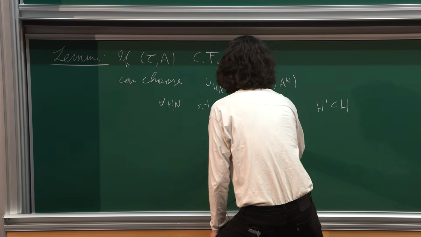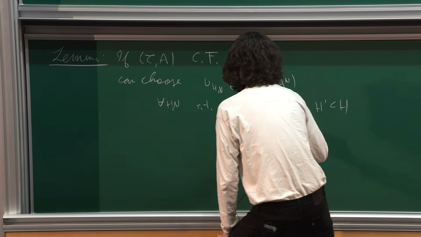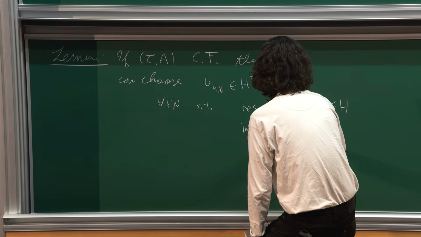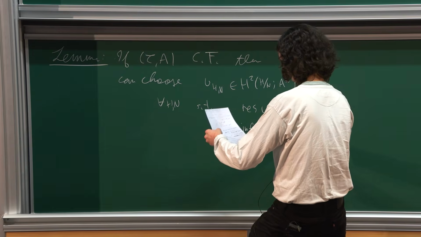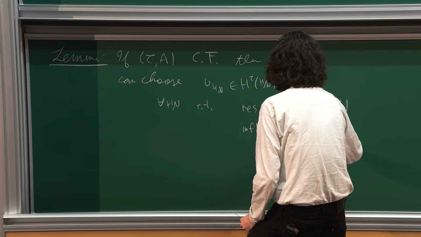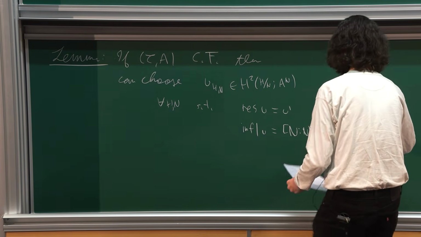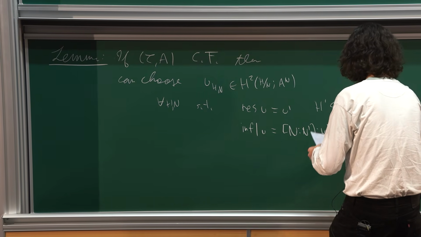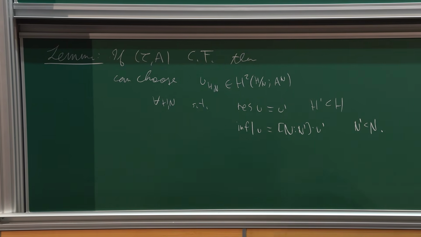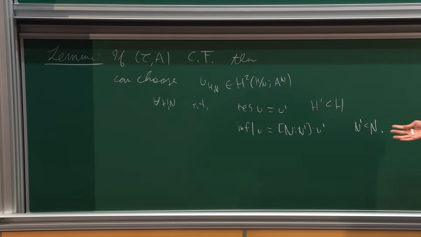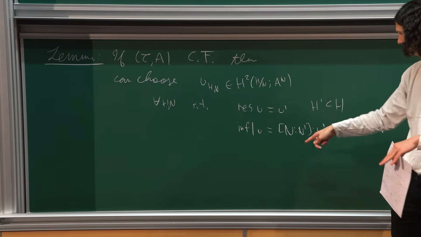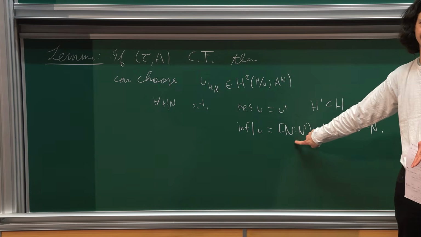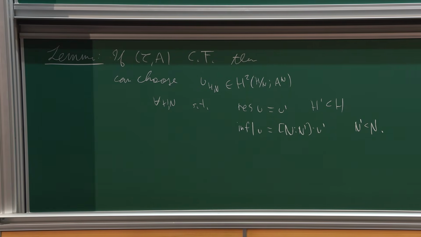But also, if you inflate u, this time you don't get u prime, because that wouldn't make sense. Let's say you get the index of N in N prime times u prime, if N prime is contained in N. In this situation your group is getting bigger, so it wouldn't make sense that a generator for a smaller cyclic group put into a bigger group would still be a generator, but it would make sense that it was exactly this much times a generator, and that's what you require.